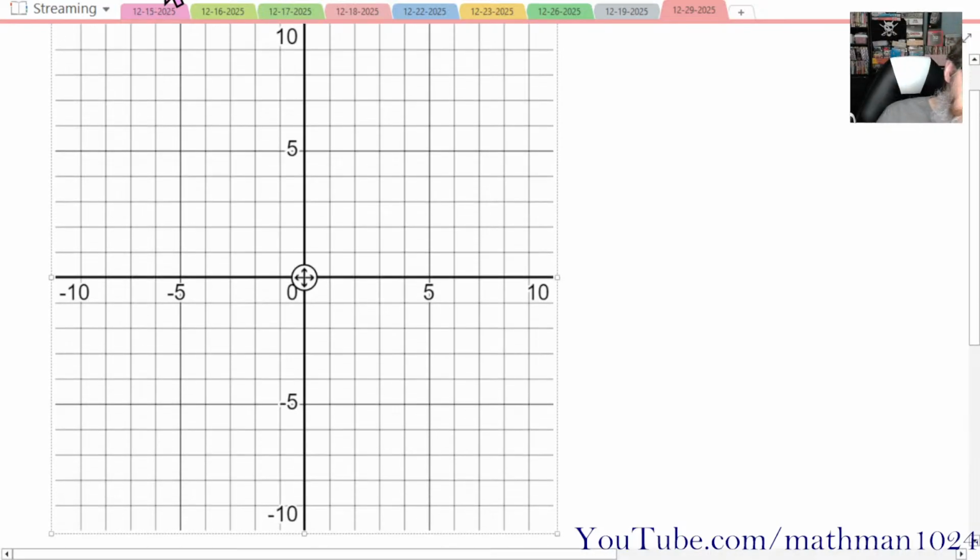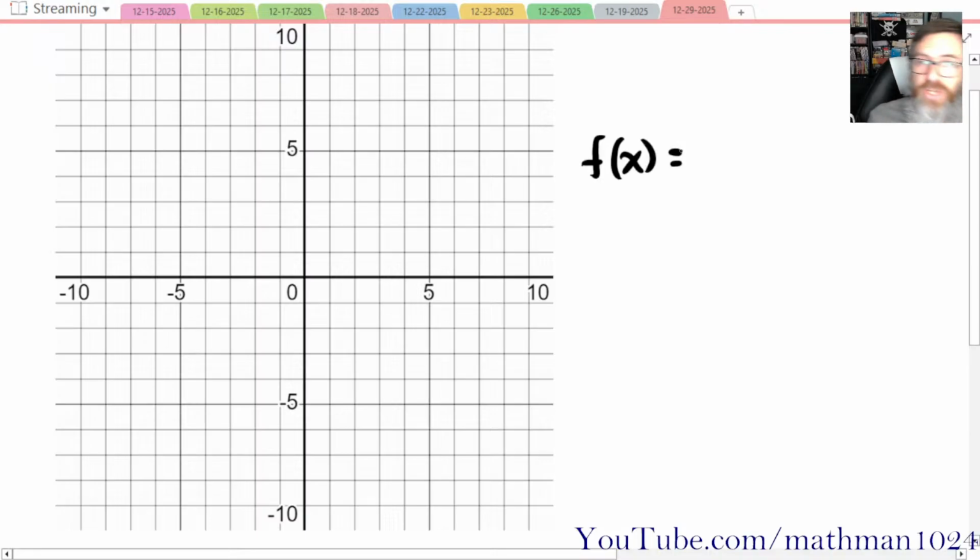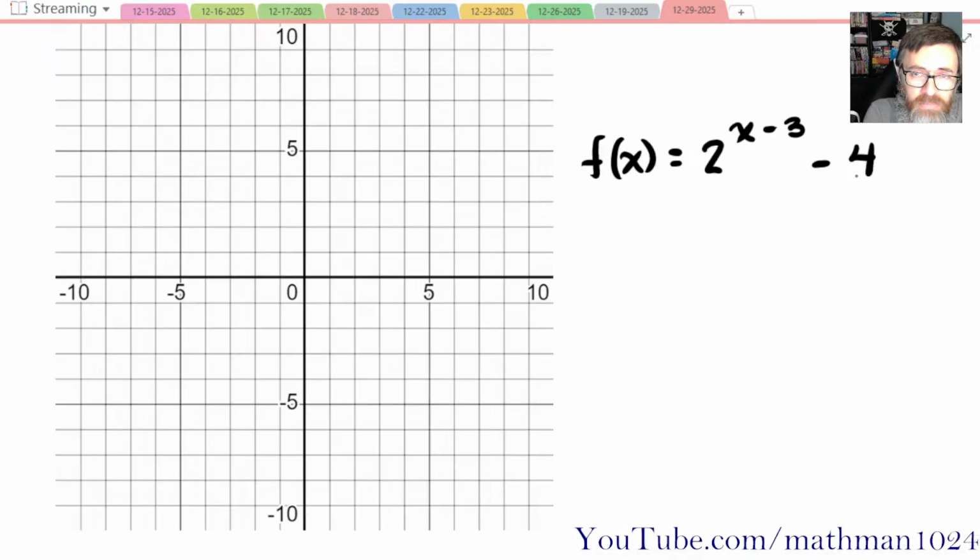All right, so now let's look at how we would graph with our translations. So let's do 2 raised to the x, let's say -3, and then let's do -4, like that. What we need to recognize here is that we have x in a power, so that makes it an exponential function, and we need to identify the base too, so we have an idea about the graph.